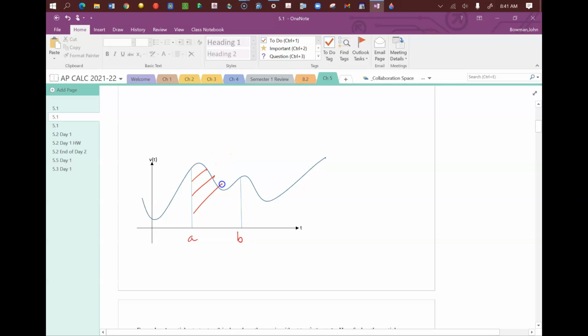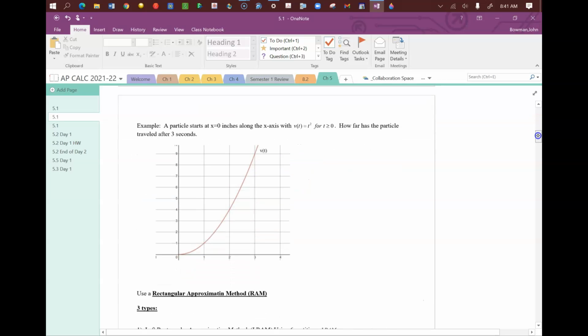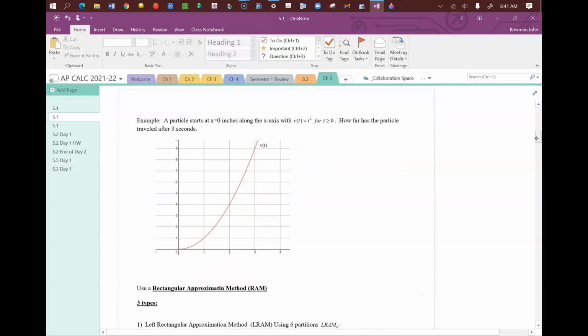We would take the total area between the curve and the x-axis, and that area would be the distance again. This doesn't only apply to velocity and time, it applies to other examples as well, which we will get into. So the big question is, how do you estimate those areas when you don't have a nice geometric shape that we know the formula for?